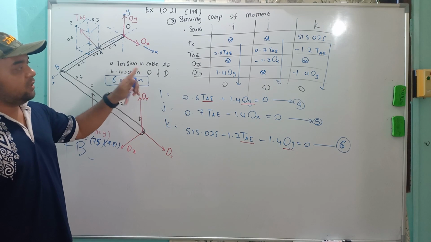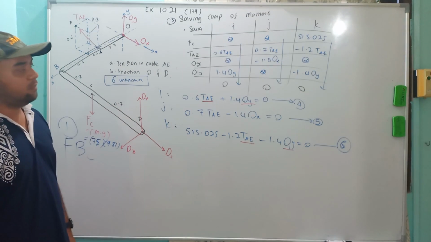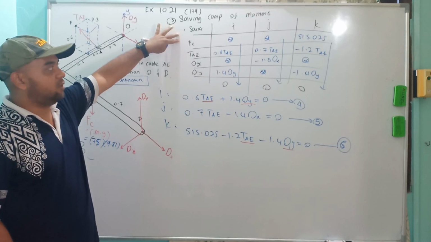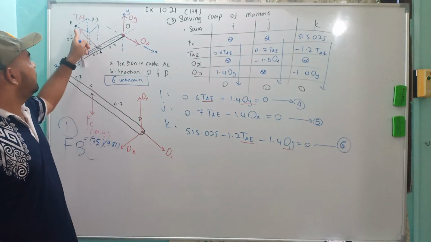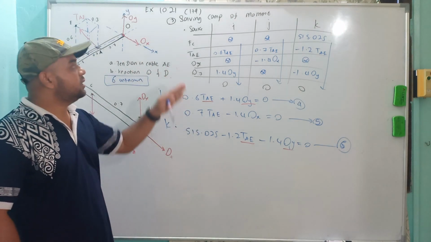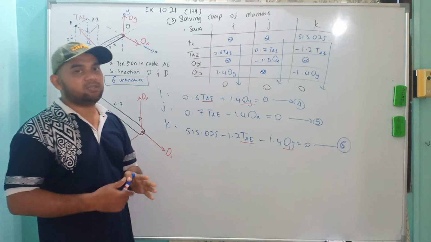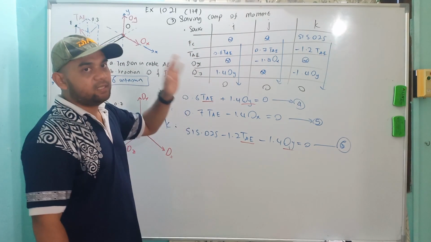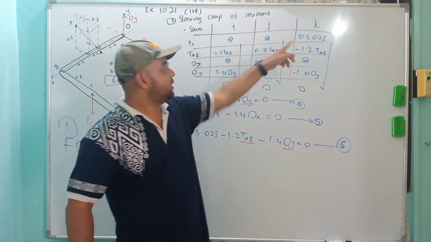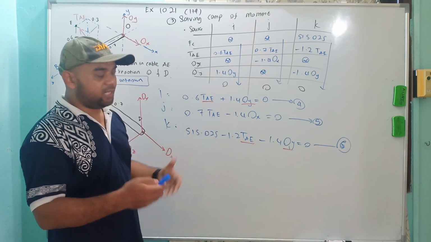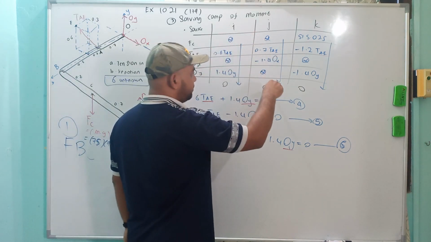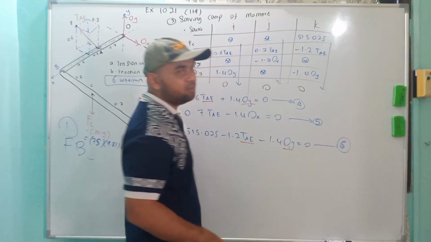I've put all the components of this moment into this table. This is the source of the moment, which is FC, TAE, OX and OY. We have calculated and come up with the equations. Now I put everything in the table so that we can clearly have the directions i, j and k. So the first one we have this, and when we put together, the sum comes to 0 in i, 0 in j, 0 in k.